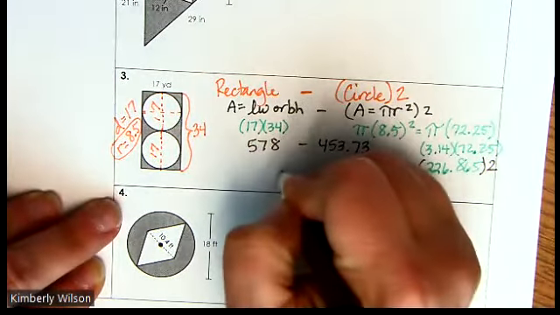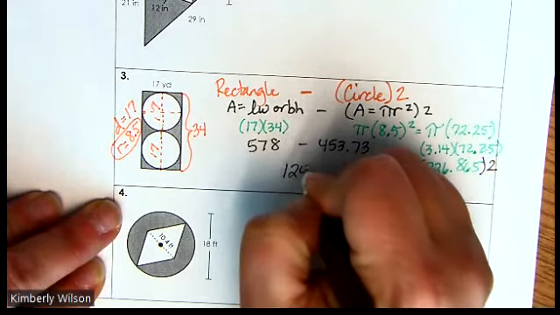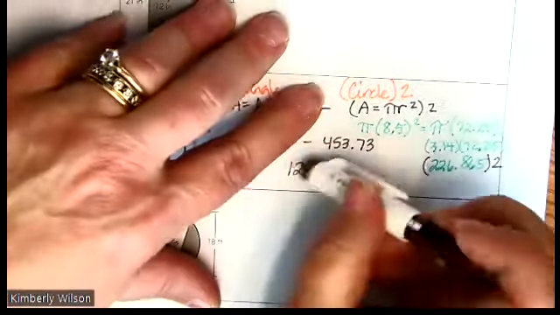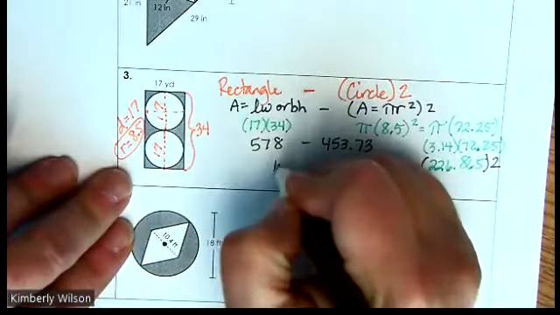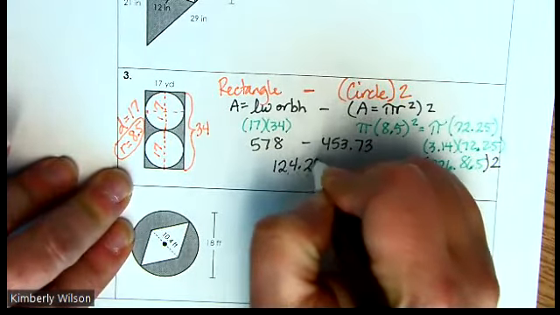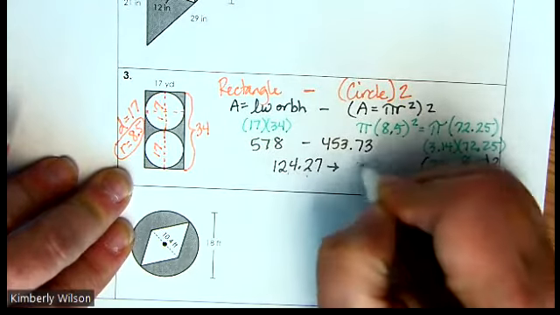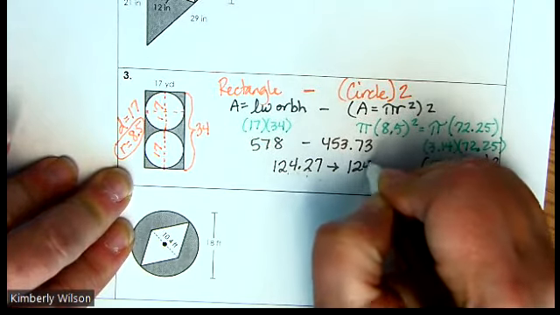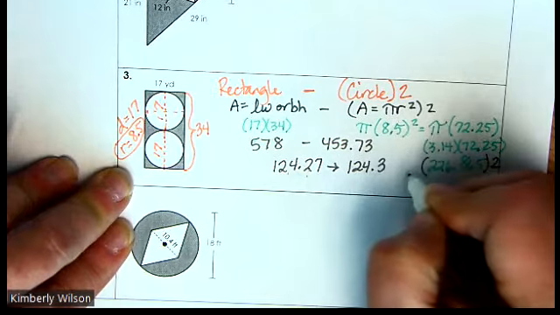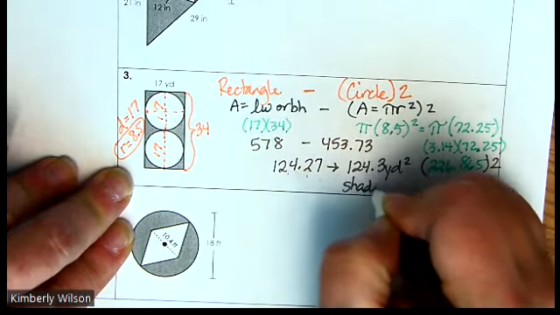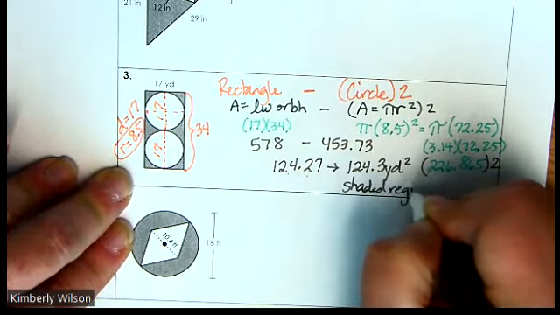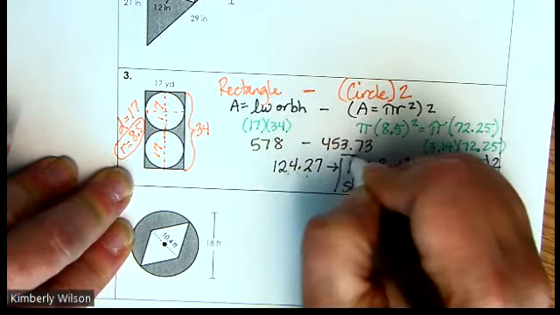And we get that the shaded region is 124.27, but remember, we're rounding to the tenth. So this is 124.3 yards squared. That is the shaded region.